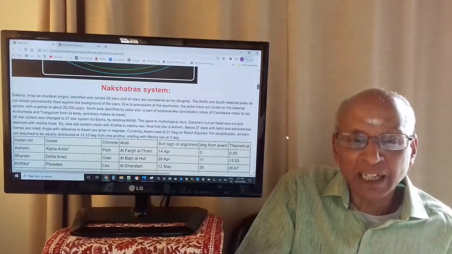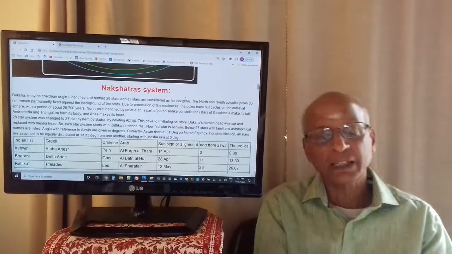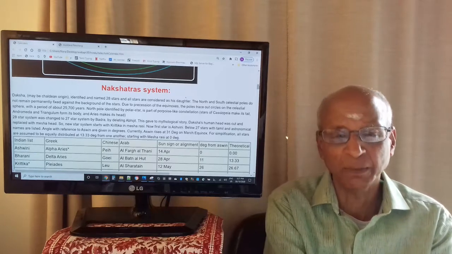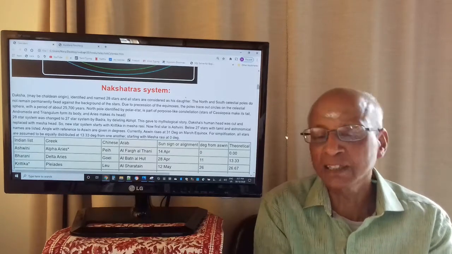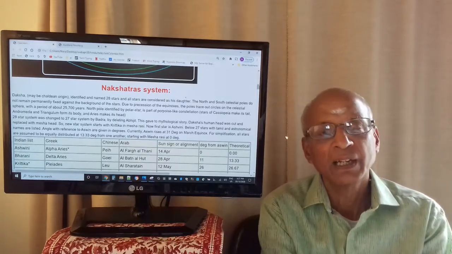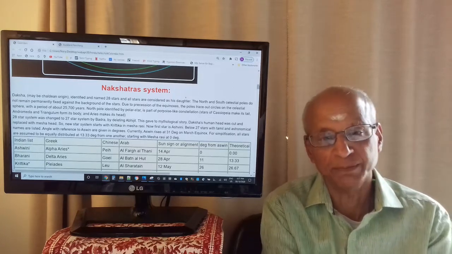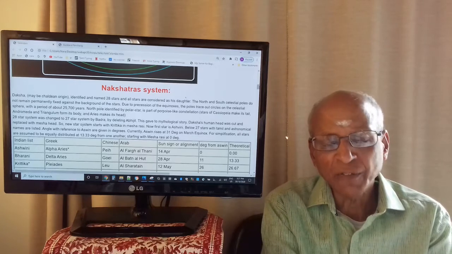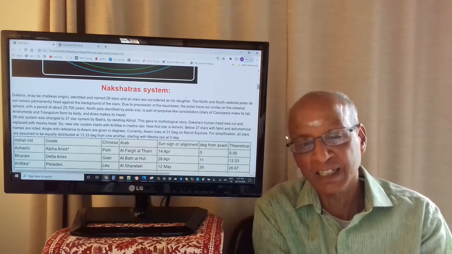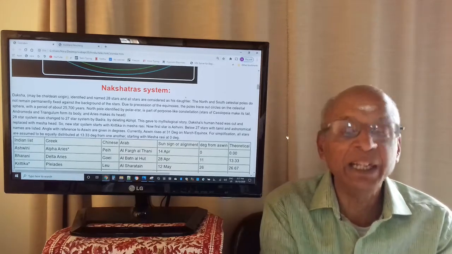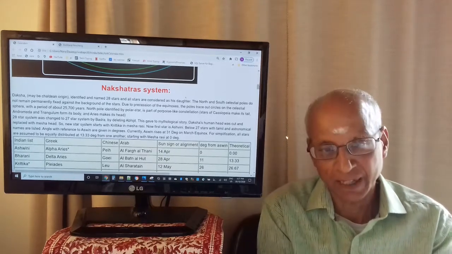We come to the Nakshatra system, because the Nakshatra system is one of the unique features of the Indian system. Everyone has Nakshatras, and how they use it. In India, we have the story of Daksha. Daksha, we don't know the origin, maybe Chaldean or Persian or Afghan, because at that time there was a big Indian empire.